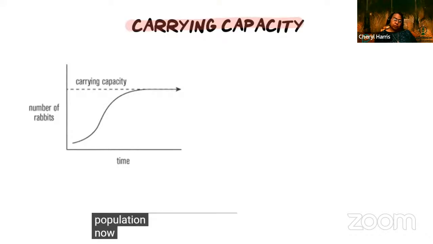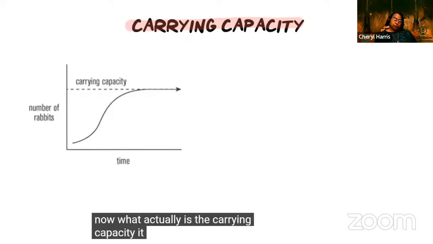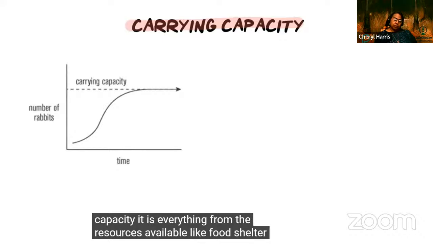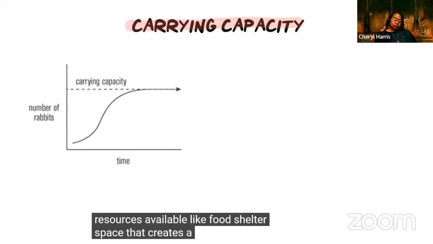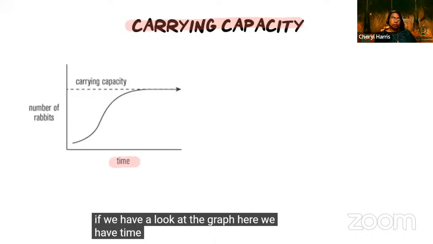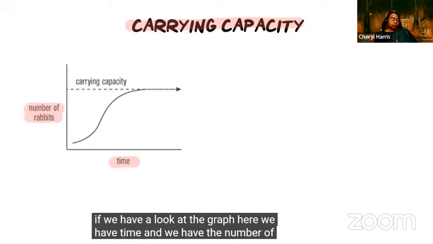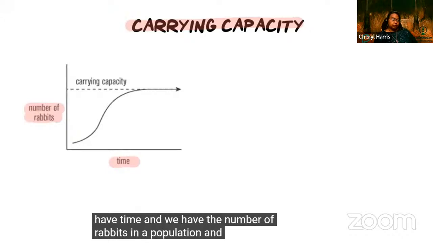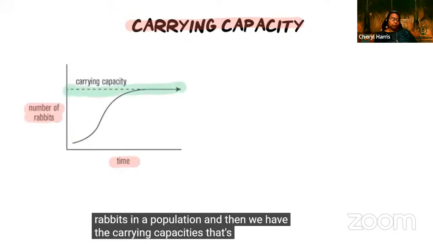Now, what actually is the carrying capacity? It is everything from the resources available, like food, shelter, space, that creates a maximum number. And if we have a look at the graph here, we have time and we have the number of rabbits in a population, and then we have the carrying capacity. So that's the maximum amount of rabbits that we can support.